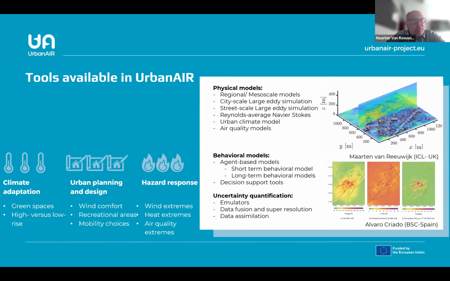And then also some more operational models. These are models that simplify the flow but capture a lot of the relevant processes otherwise. So urban climate models, which you can operate at a city scale and at a speed much greater than some of these computationally heavy and demanding tools, and air quality models. Then it's really important to also engage and gauge what the population does.